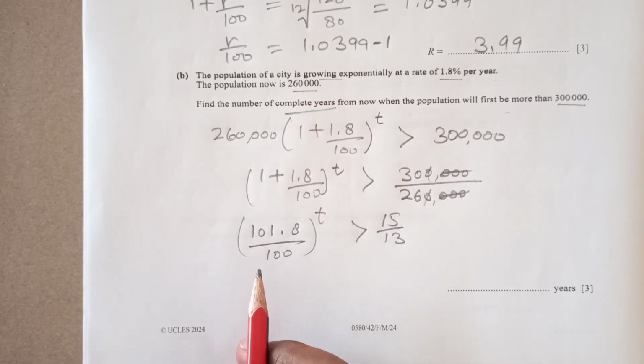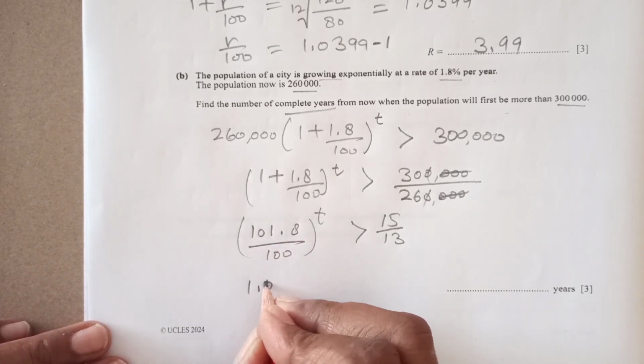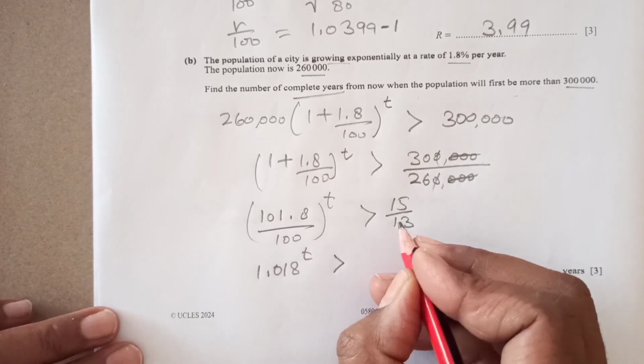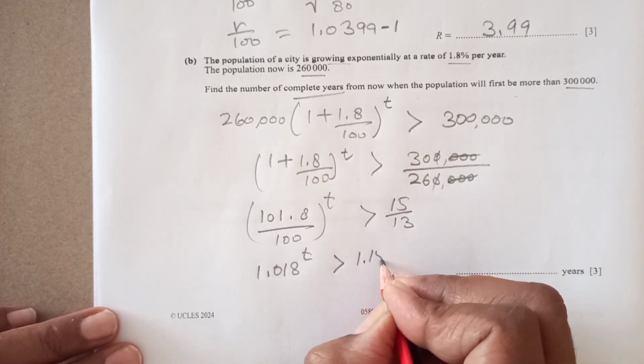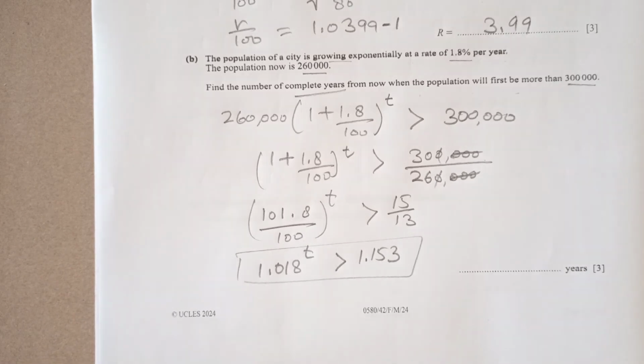So this one is going to become, divide this 1.018, when you divide, power t should be greater than 1.153. So now you need to use the trial and error method for this one.